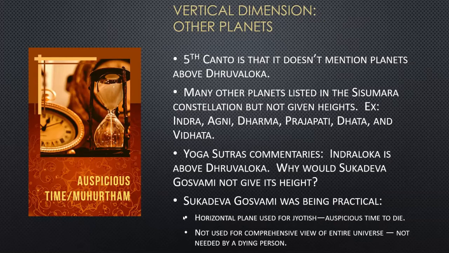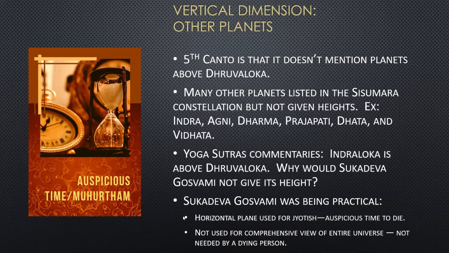The horizontal plane is being used right now to explain Jyotish, to explain what is the most auspicious time to die, specifically for Maharaj Parikshit, and is not really used as a comprehensive view of the entire universe.